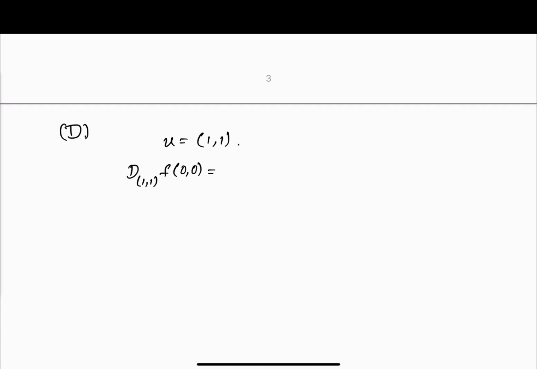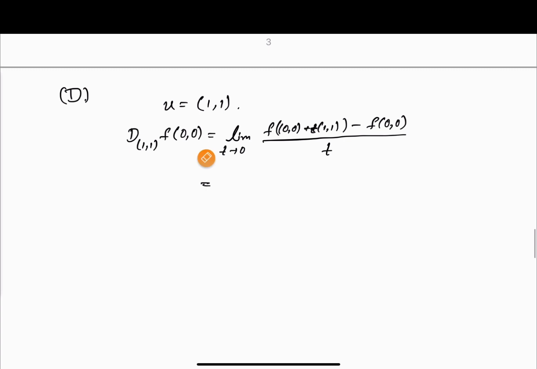So what will this be? By definition, this is the limit as t tends to 0 of f of ((0, 0) plus t(1, 1)) minus f of (0, 0), divided by t.